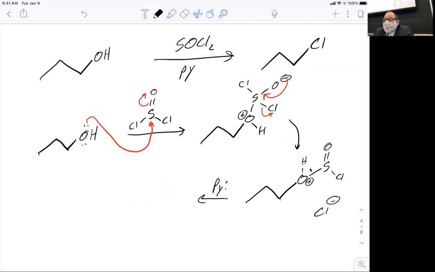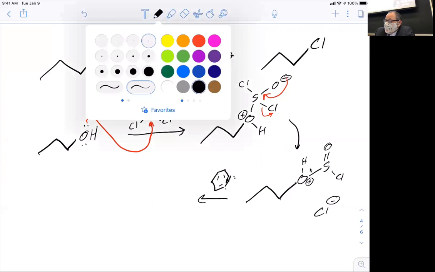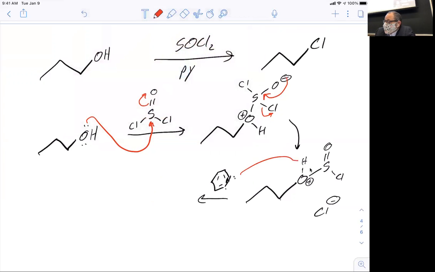Remember that pyridine can be an electron sink. So the pyridine is important in this process. I'll pull this proton.